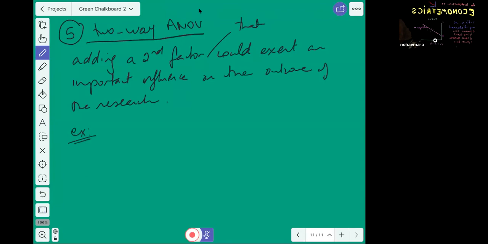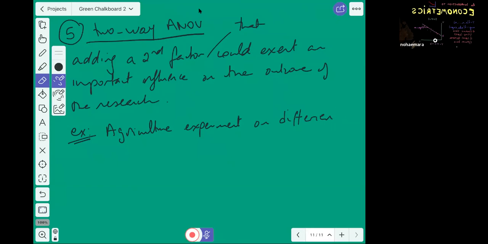So one of the examples is, suppose you're doing an agriculture experiment, and in this agriculture experiment you want to test the yield of corn. Okay, so it's not the differences, because we're talking about analysis, right? So it's all differences in yield of corn.